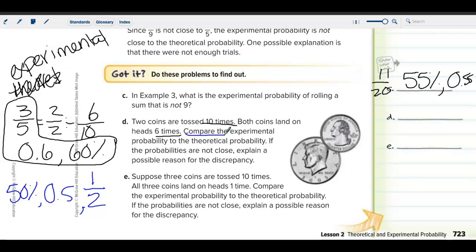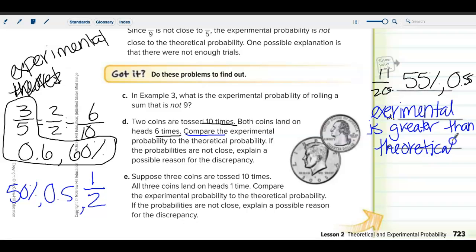So we would say that our experimental is greater than theoretical, because 60% is greater than 50%.